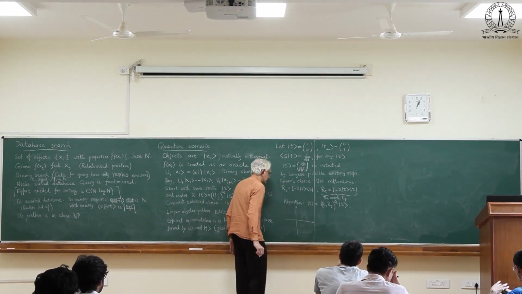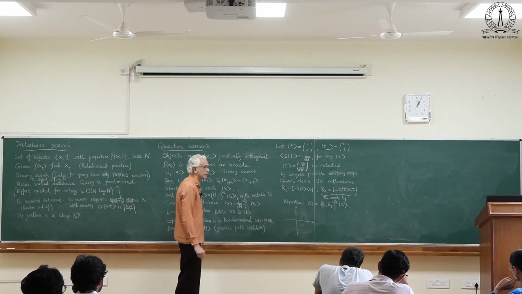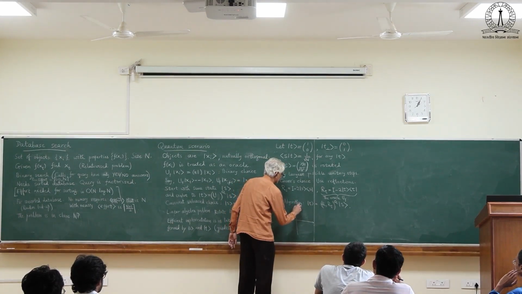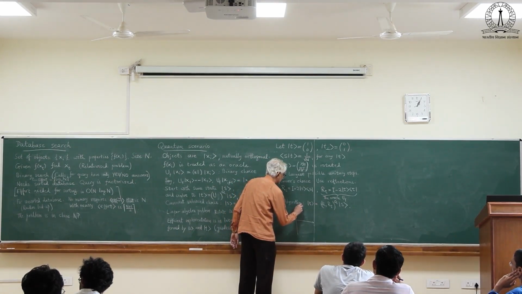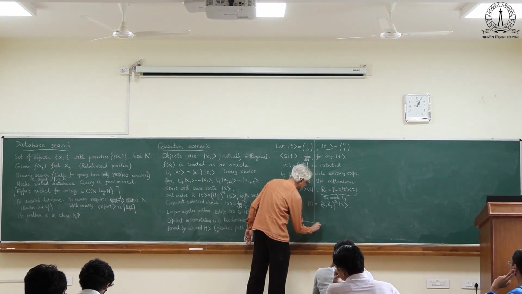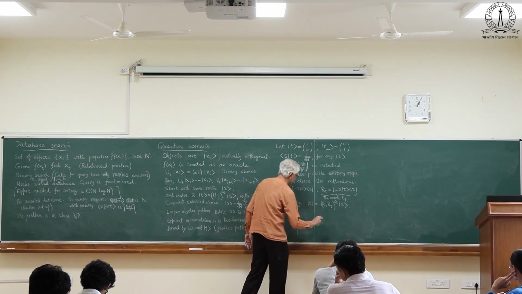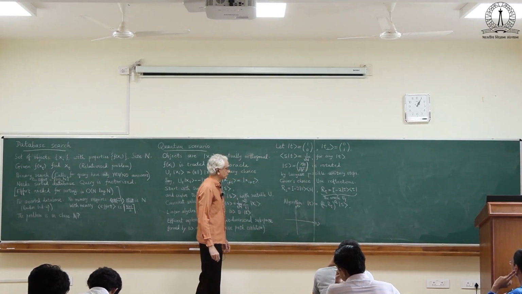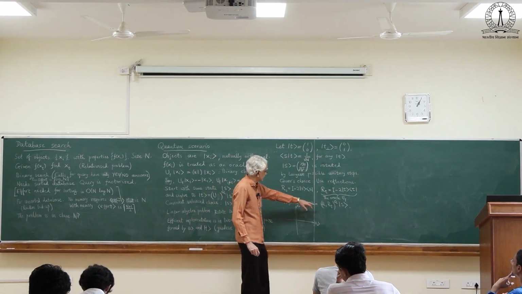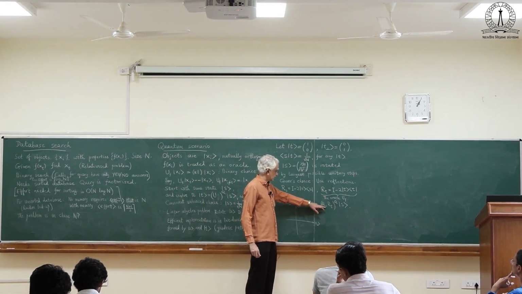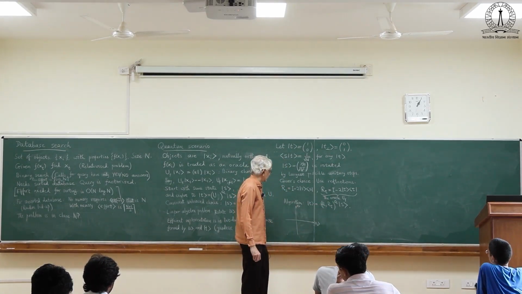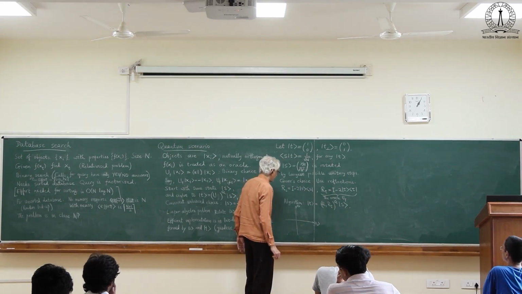Okay. So let me draw this two-dimensional plane. I will pick some axis. T is here and T perpendicular is here. And now I have to work out what is the action of this particular transformation.